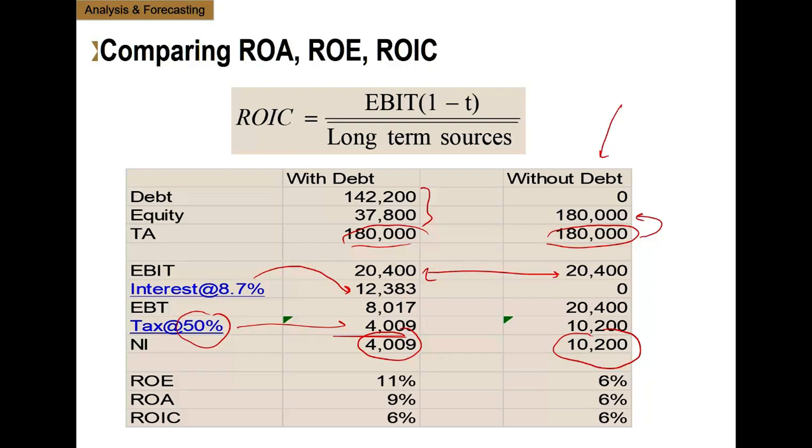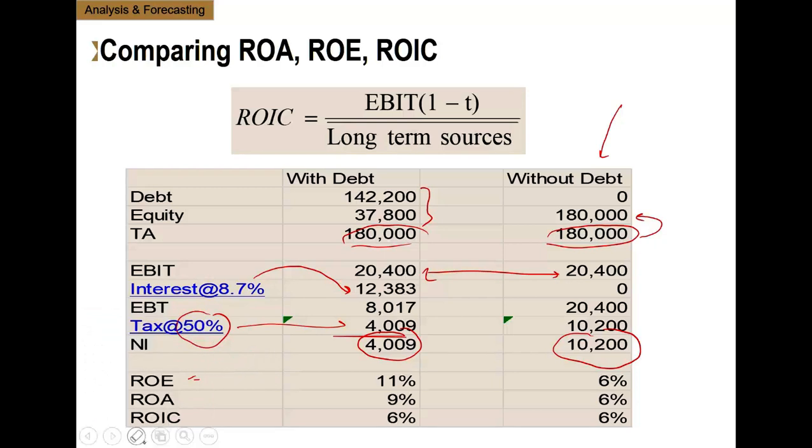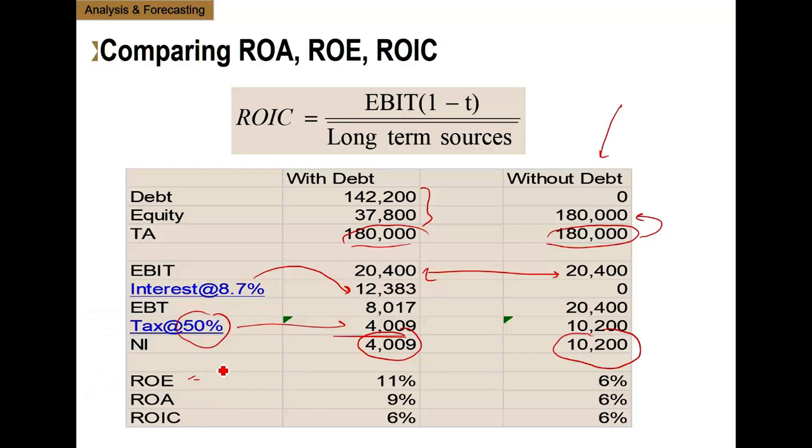All right, so if you crunch the ROE, ROA, and ROIC for each of these two scenarios, you'll notice that something interesting happens. Look at ROE. ROE, remember, will be net income, so that's the 4,009, just to give you one example of how we do this, divided by equity.